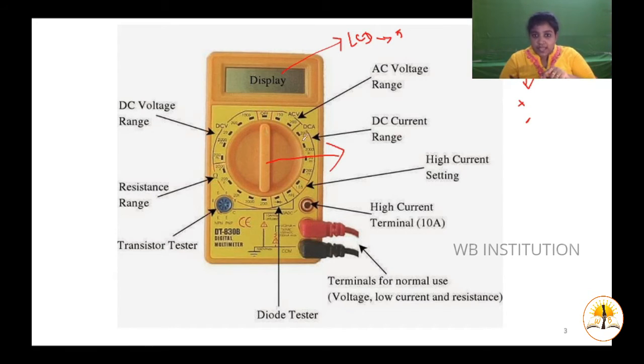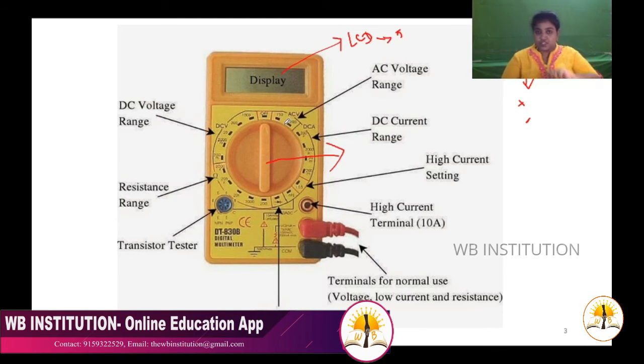You can see some calibration over here, some values calibrated over the circle. If you want to measure voltage, we have to turn the knob to that particular area. If you want to measure the current, you have to turn the knob to that area. So the knob is rotatable, and to measure something you have to place your knob in that position. So this is a rotating knob.